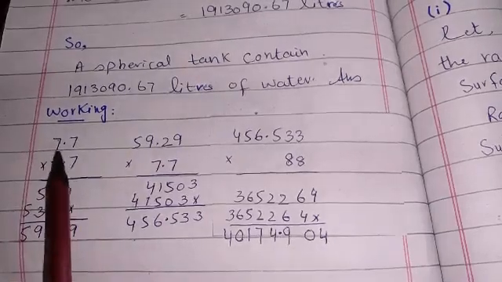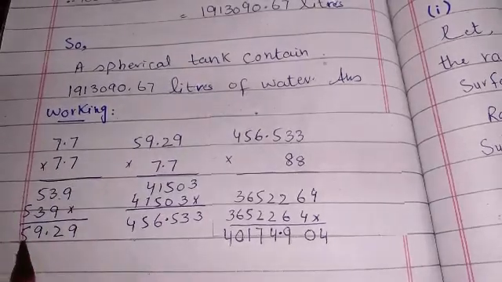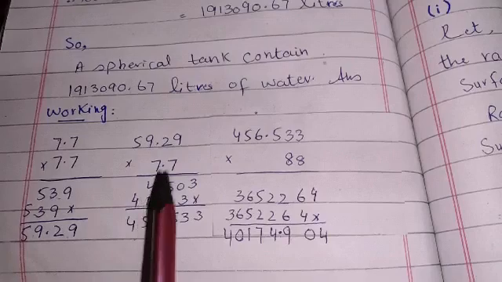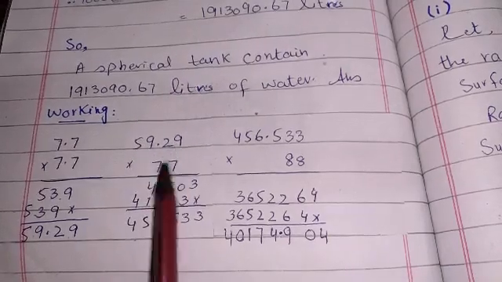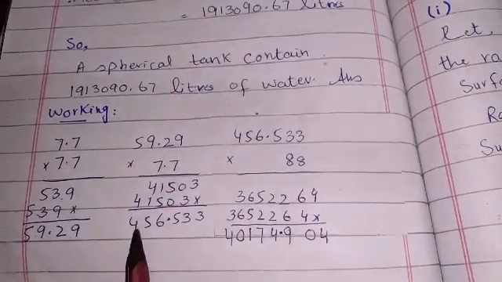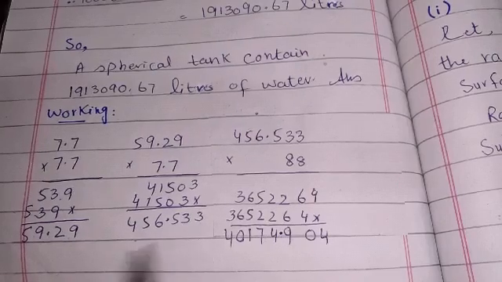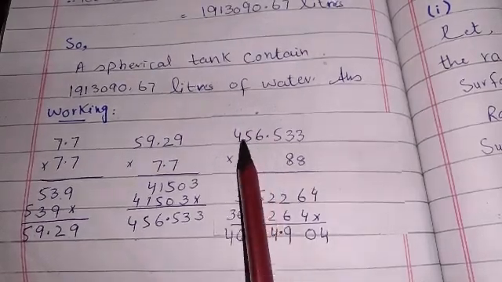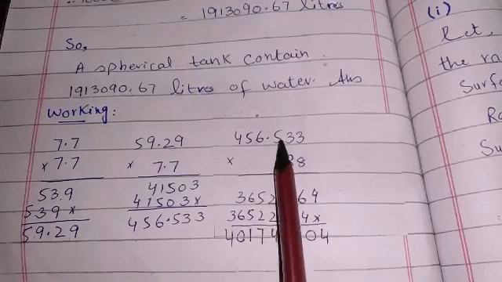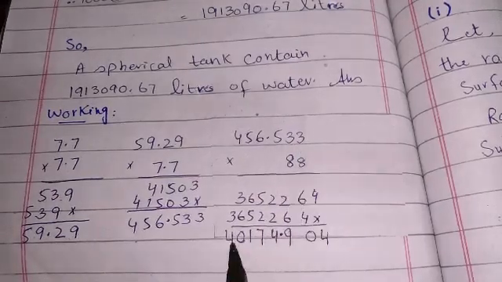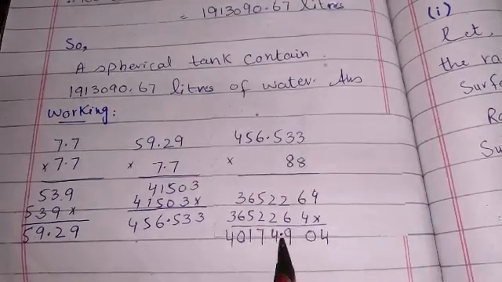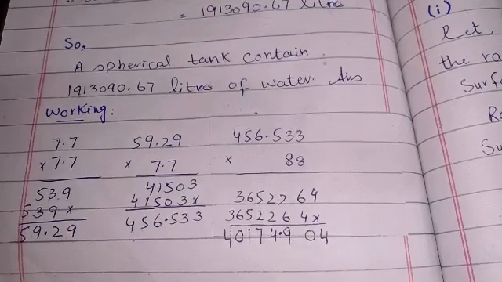Now students, here is our working. Students, when we multiply 7.7 with 7.7, we got our answer 59.29. And when we multiply 59.29 with 7.7, we got 456.533. Now students, when we multiply 456.533 into 88, we got 40174.904.